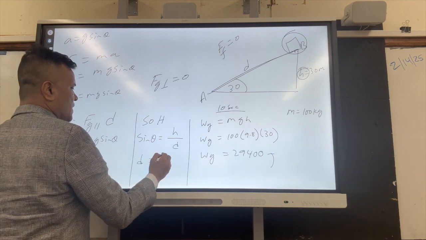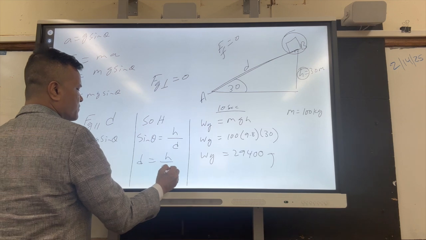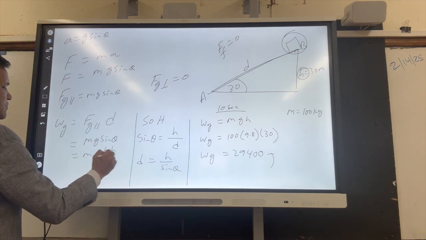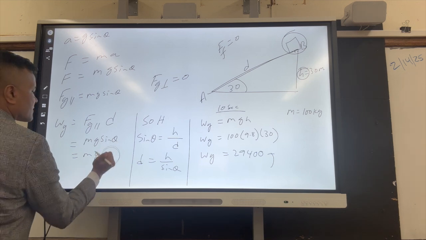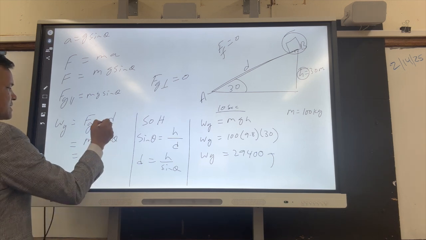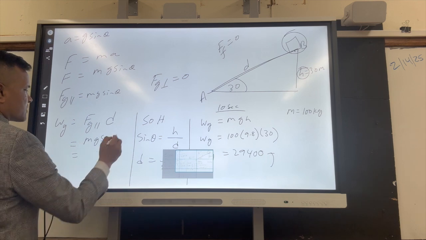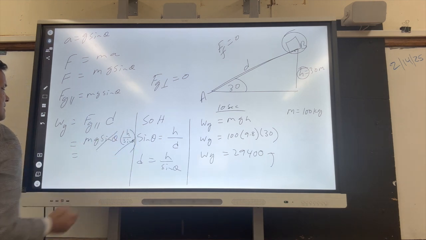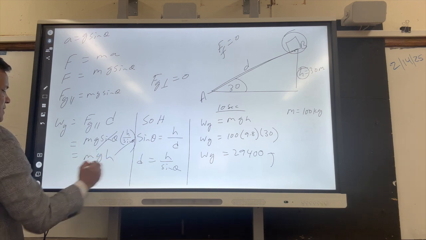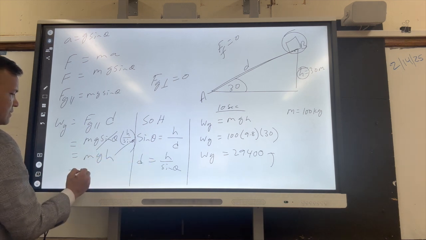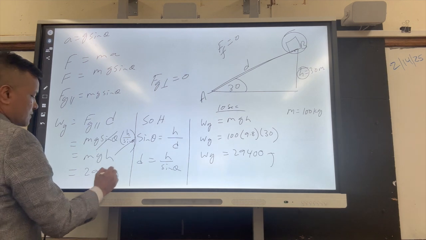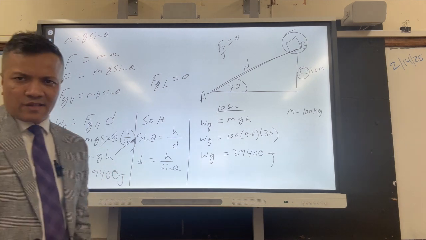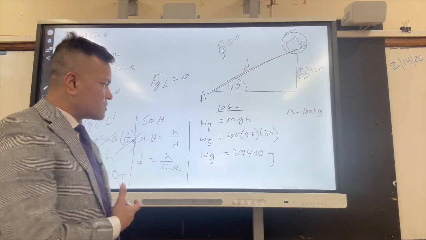So d is h over sine theta. So mg times h over sine theta. Sine theta cancels, so mgh. Same thing. So work done by gravity is 29,400, as you see over here.